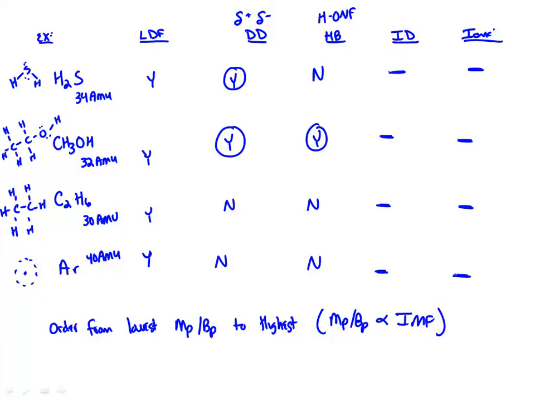So if I looked at that and ordered it from the lowest to the highest intermolecular force, which one has the lowest there? Well, it's not any of the ones that have dipole-dipole or hydrogen bonding, because those are stronger than London dispersion forces. And so for the first one, I'm really looking at C2H6 and argon.